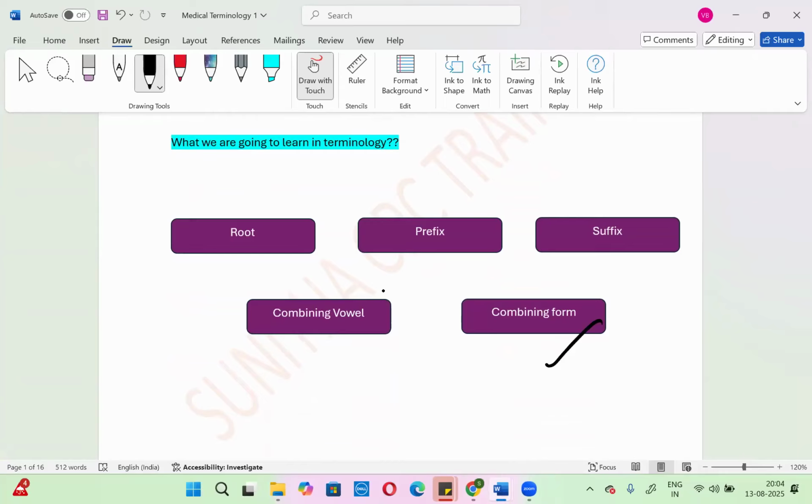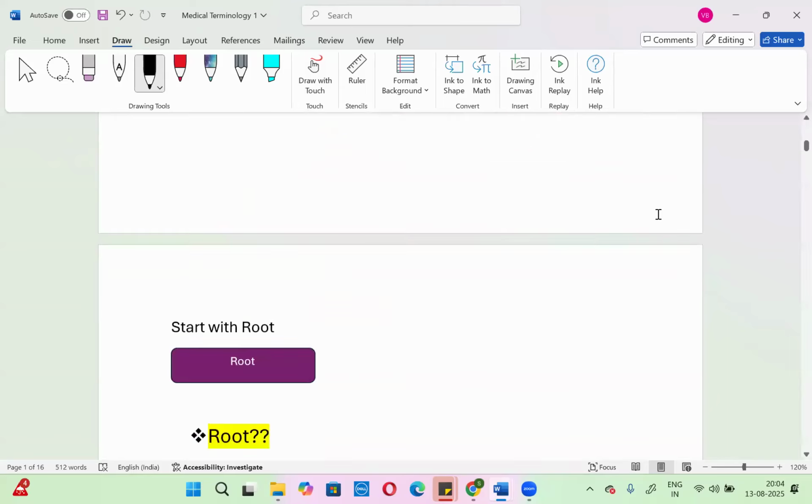A prefix is something we add before the root word, and at the end of the word is the suffix. Combining vowel is the letter O in the English alphabet. The letter O will combine root to root, or root to suffixes, and combining form also we have seen, right?